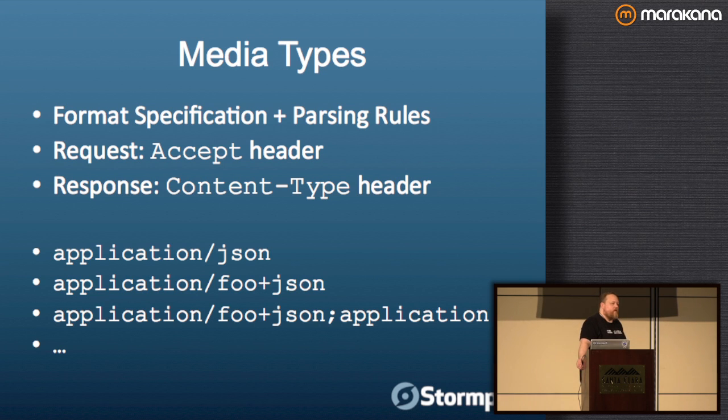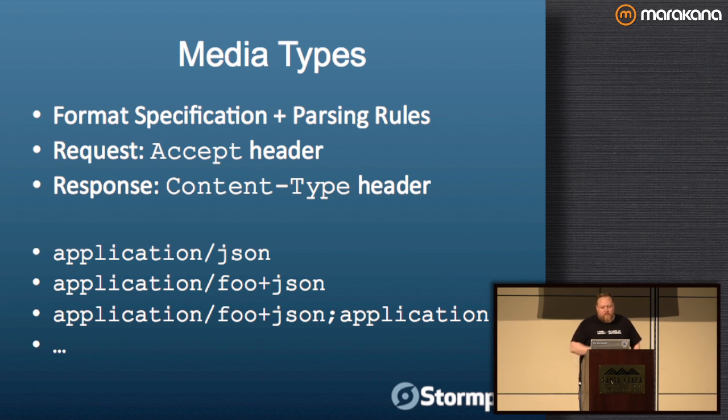You can also start creating custom media types, though, and here are just some examples. There are many ways to define these. Application/foo+json says not only is this a JSON document, but it's also a JSON document according to the foo specification. And you can also provide parameters, via the semicolon and ampersands, to provide additional information about the content contained within the body. We'll talk more about media types and how to leverage this specifically for versioning in a little bit, but this gives you an idea of media types.